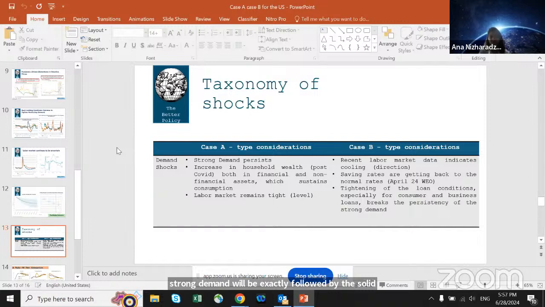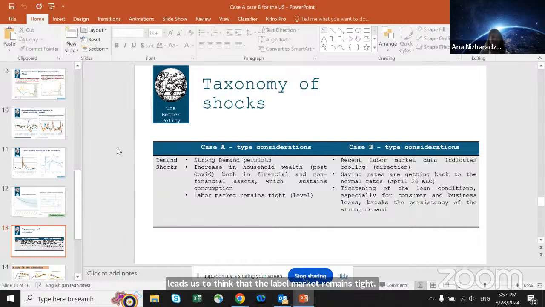And if we don't see a moderation in asset prices, which can be validated by the higher neutral rate currently, we may still stick to this case A scenario, because high asset prices will ultimately be translated into a solid household balance sheet and will fuel consumption. Additionally, as mentioned, wage growth dynamics also lead us to think that the labor market remains tight.